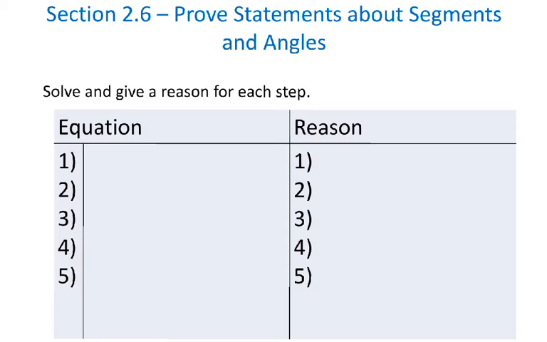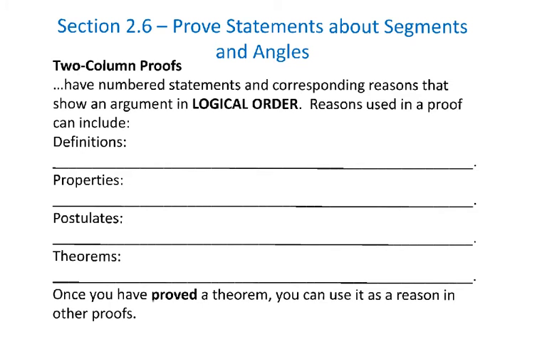One for equations, one for reasons, and for geometric proofs, we're going to call our first column statements rather than equations. Okay, so in our 2-column proofs, we have numbered statements and corresponding reasons that show an argument in logical order. Reasons used in a proof can include definitions, properties, postulates, and theorems.